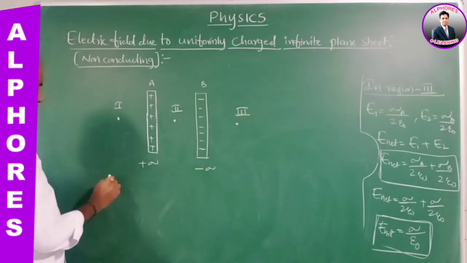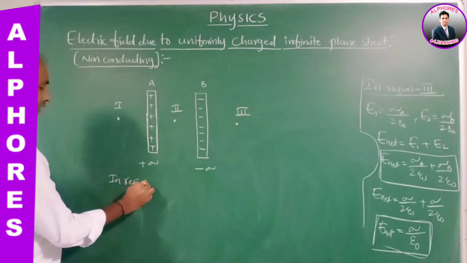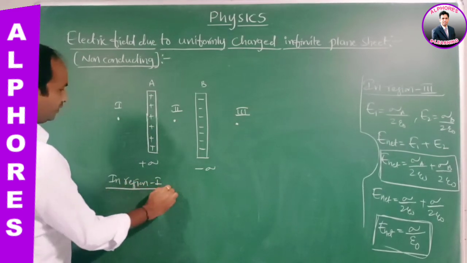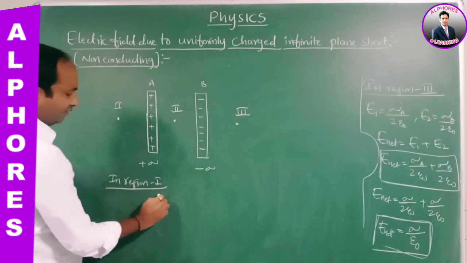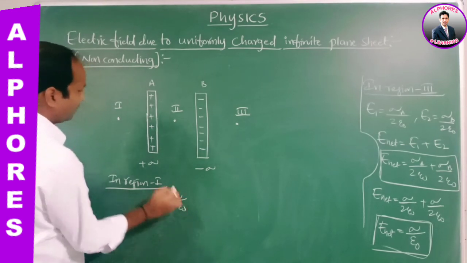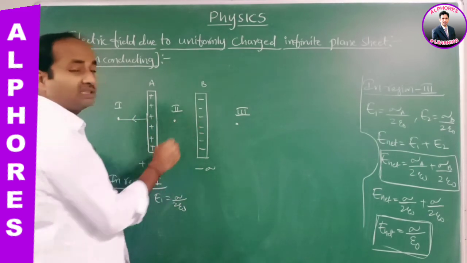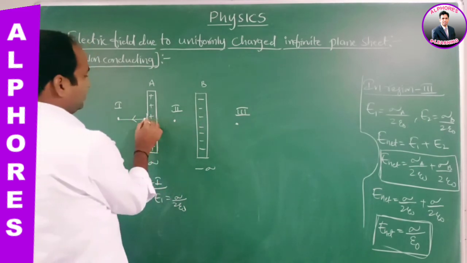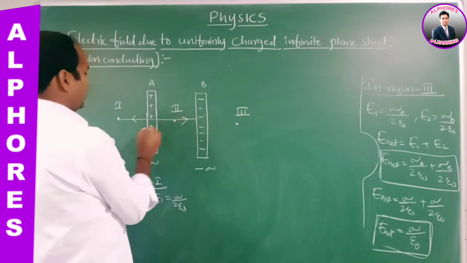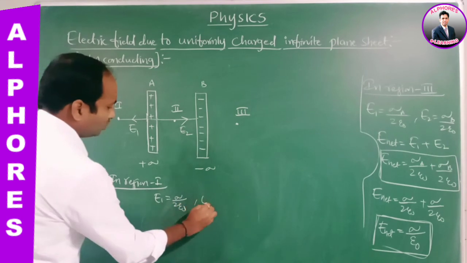What is the electric field intensity in region 1? In region 1, first of all, E1 is equal to sigma by 2 epsilon naught outwards from the positive charge. The second one is a negative charge. Negative means what is the direction of E2? Already we said that it is inwards. And what about E2?